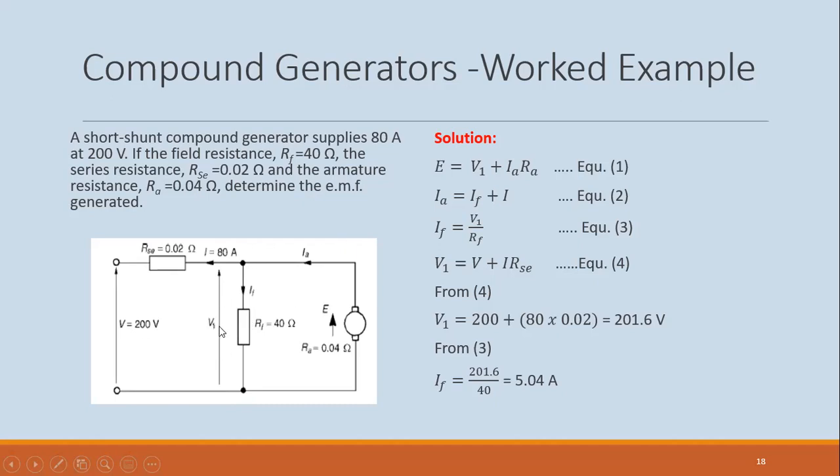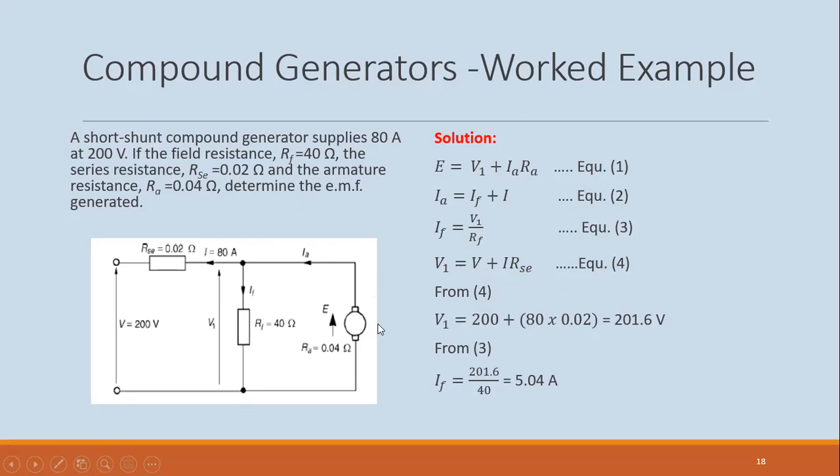Then I can write an equation for V1: V1 would be equal to the voltage at the terminal plus this voltage drop. So V1 is equal to V plus I RSE.